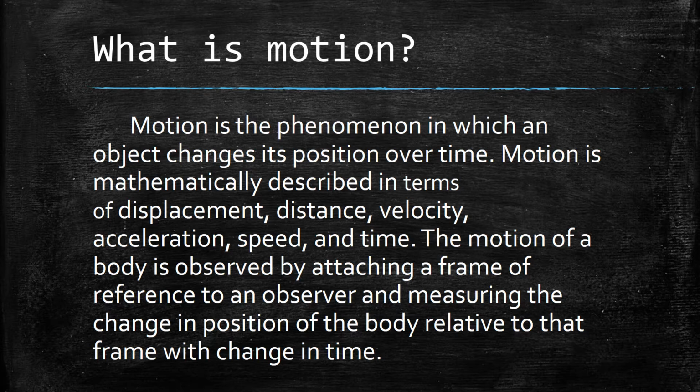Also, the particular things which describe motion are displacement, an object moving from one place to another, so its original place is changed. Distance, from where to where it is placed. Velocity, how fast it travels. Acceleration, in what time a particular object catches speed.